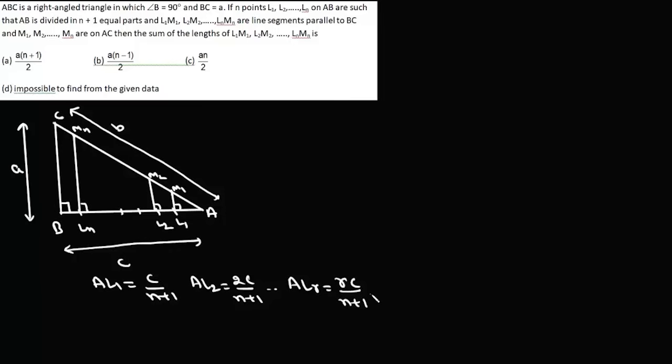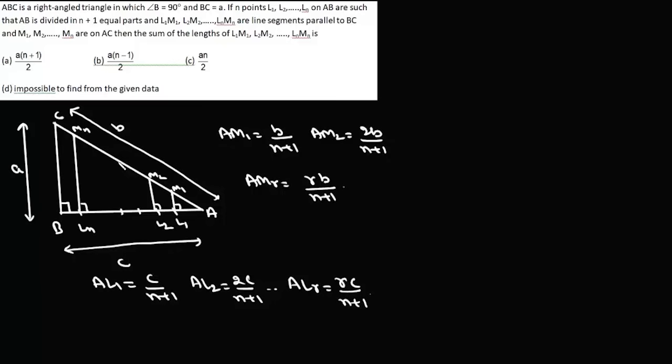In the same way, AM1 will be b upon n plus 1. Again, it is divided into n plus 1 parts. AM2 is 2b upon n plus 1, and AMr will be rb upon n plus 1.